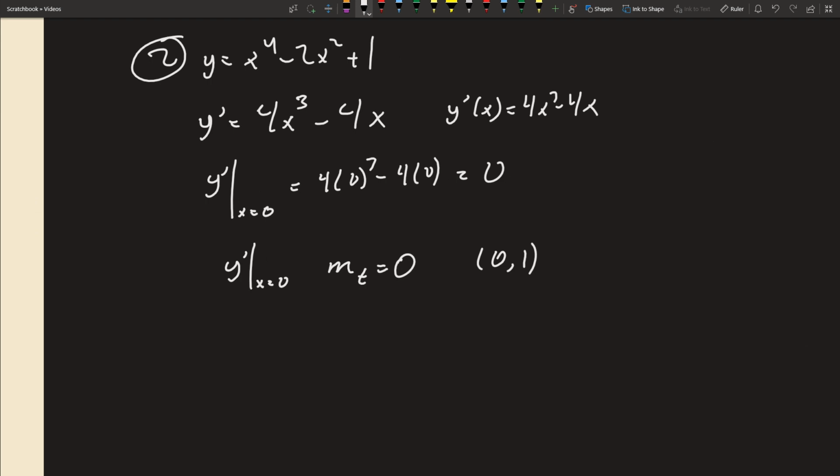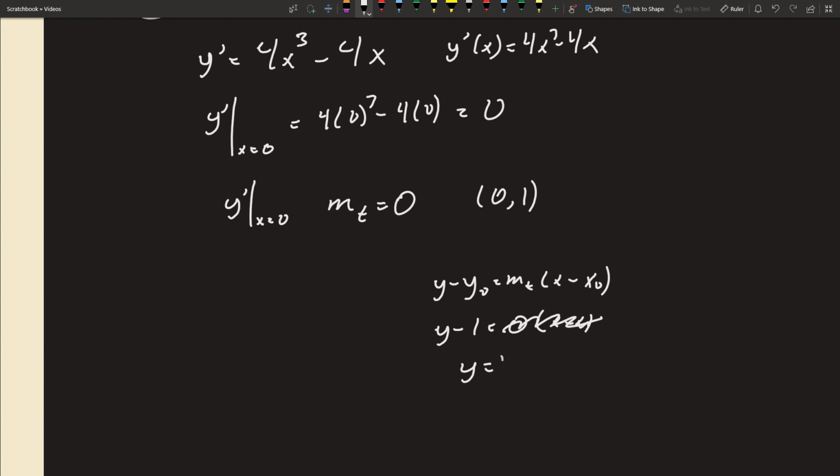Apply the formula, we know this from grade 7: y minus y0 equals m of the tangent times x minus x0. So y minus 1 is equal to 0 times x minus x0, which is just 0. So y is equal to 1.